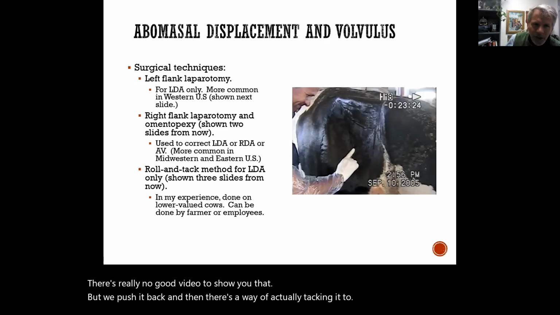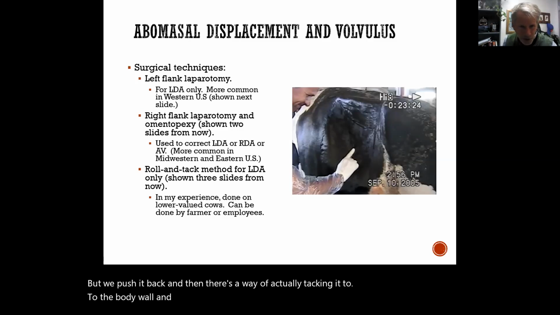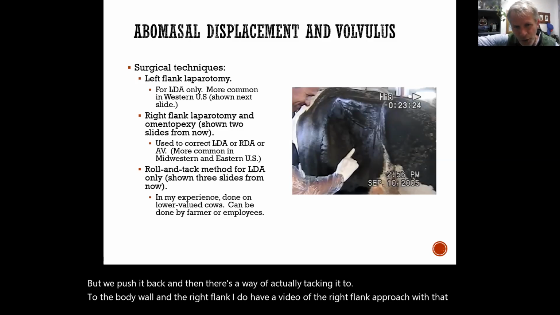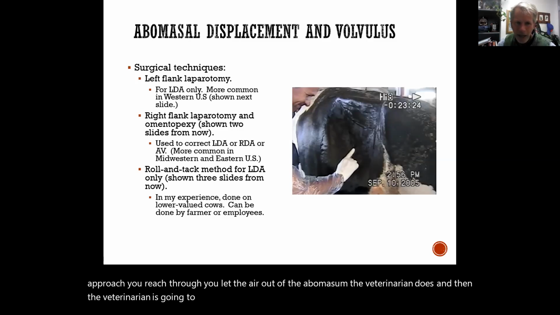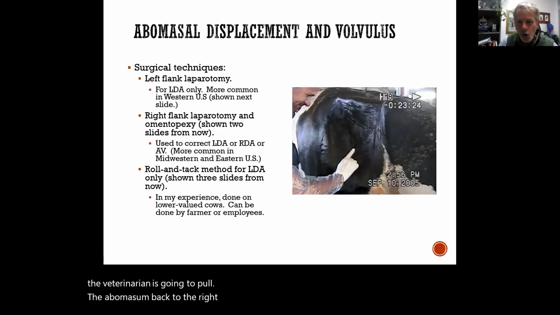And the right flank, I do have a video of the right flank approach. With that approach, you reach through, you let the air out of the abomasum, and then the veterinarian is going to pull the abomasum back to the right side, and then tack the omentum onto the right side.